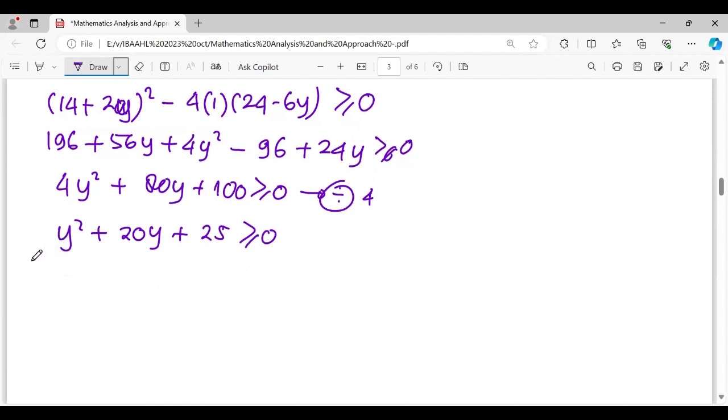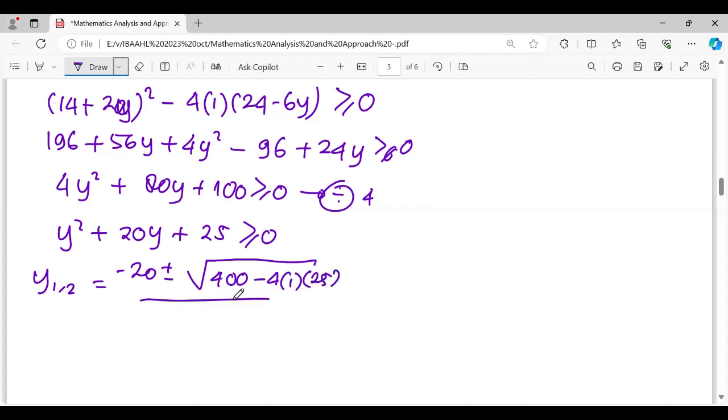Now, we're going to find the values of y1 and y2 equals minus 20 plus or minus the square root of 20 squared, 400, minus 4 times 1 times 25, over 2 times 1.